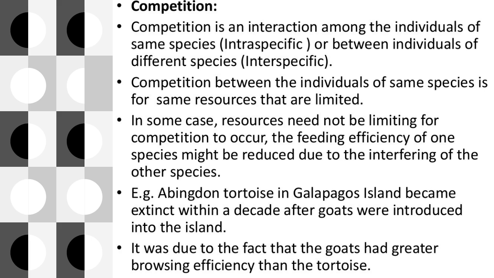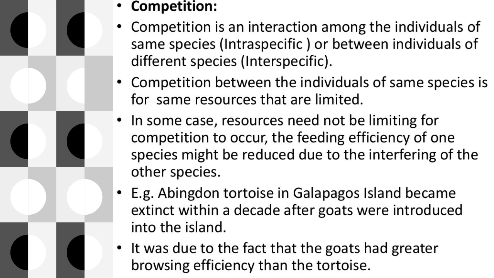Competition is an interaction among individuals of the same species, intraspecific, or between individuals of different species, interspecific. Competition between individuals of the same species is for the same limited resources. In some cases, resources need not be limiting for competition to occur.